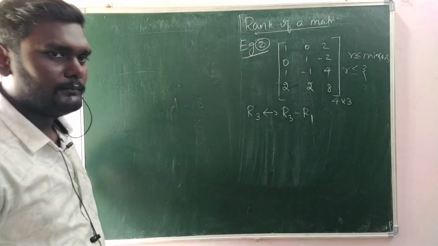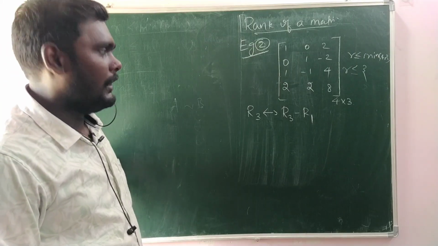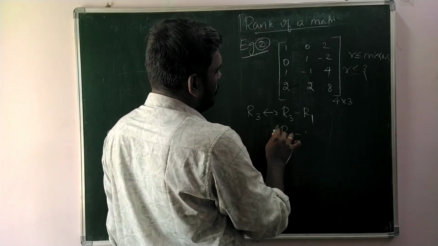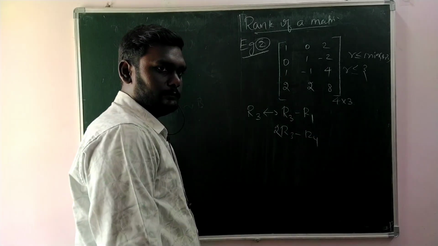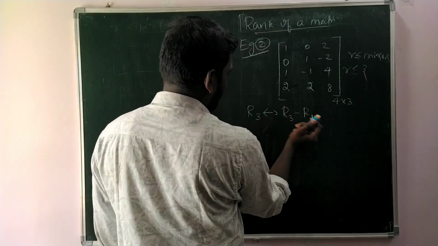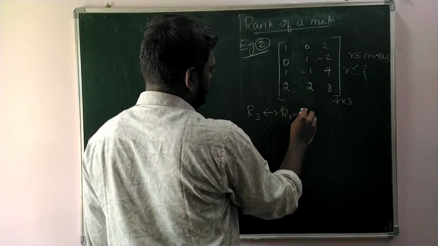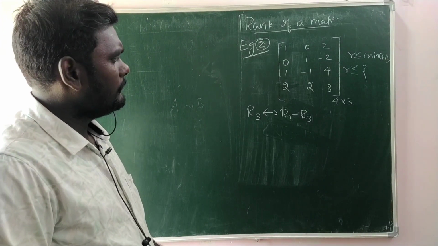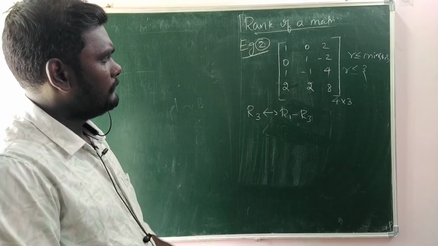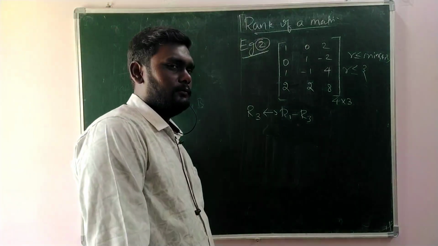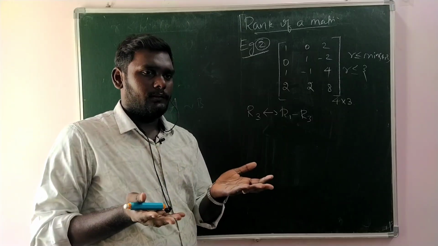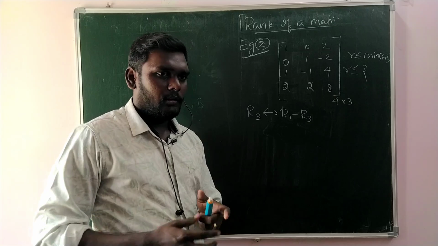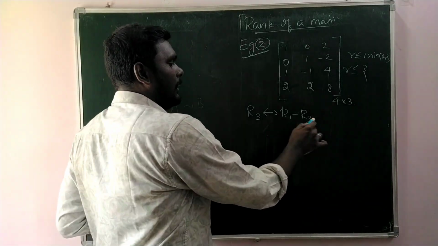Another option is R1 minus R3, no problem, it is the same. But you should not involve more than 2 rows at a time. So simply R1 minus R3.